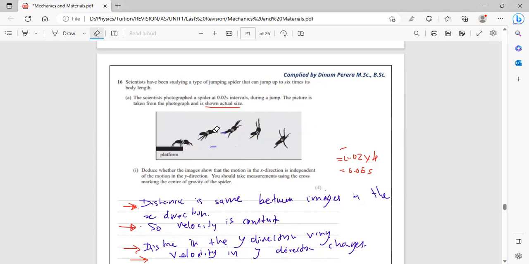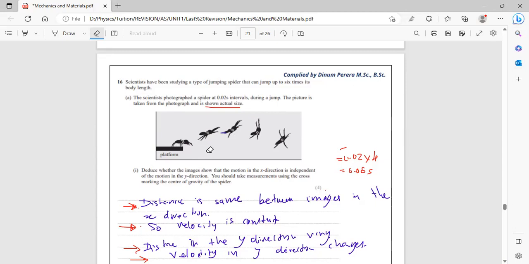Deduce whether the images show that the motion in the x direction is independent of the motion in the y direction. You should take measurements using the cross marking the center of gravity of the spider. Right. If you measure the horizontal distance between two consecutive images of the spider, it's the same, right?